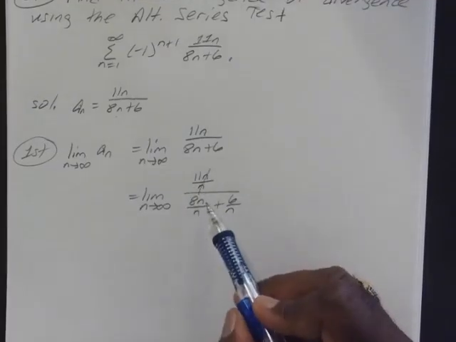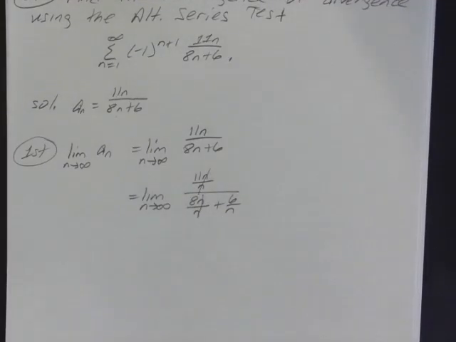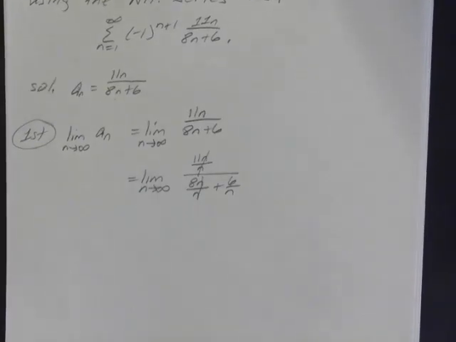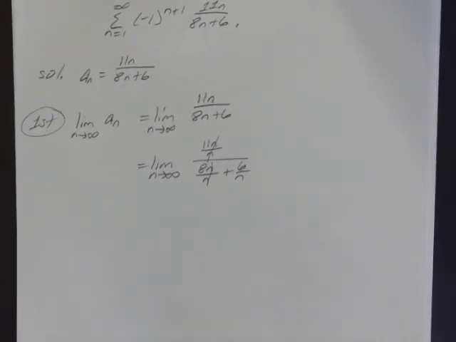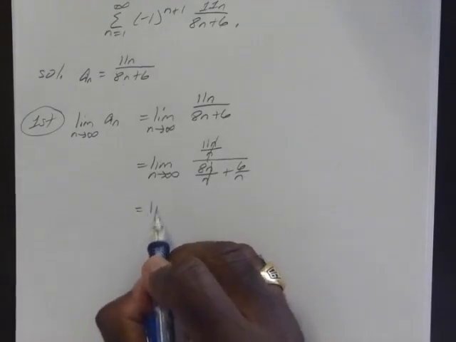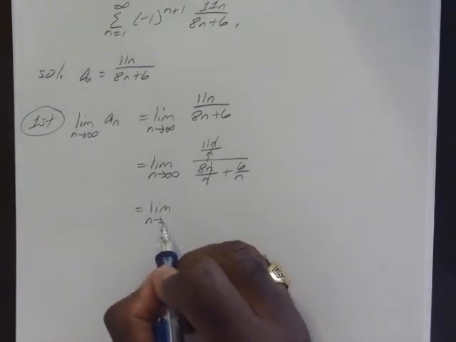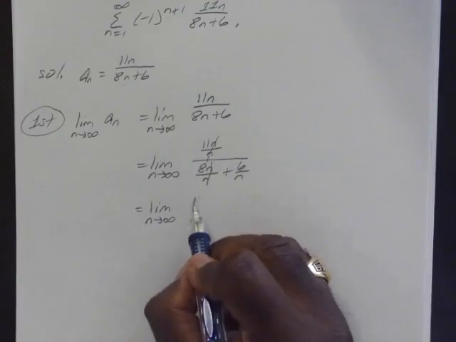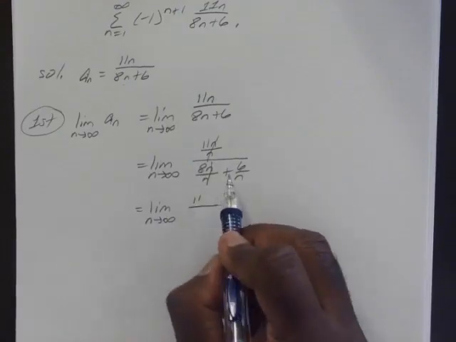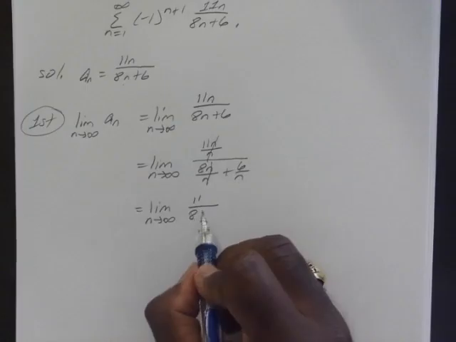We know those n's cancel out, so we have the limit as n approaches infinity of 11 divided by 8 plus 6 over n.